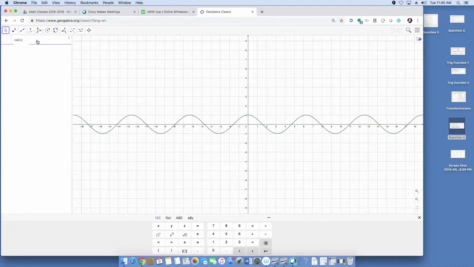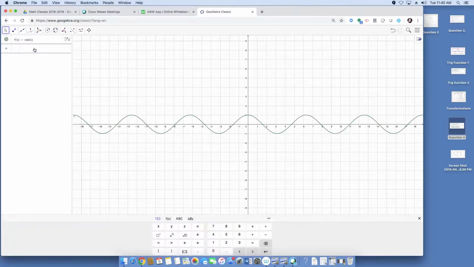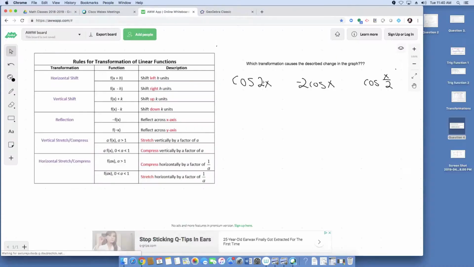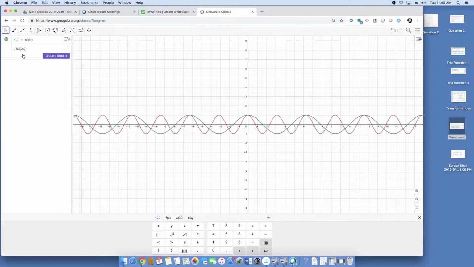Cosine x, and there it is. Okay. Next one I'm gonna do is I'm gonna type in that function that I made up, this cosine 2x. Oops, I'm messing that up. Oops, hold on. Cosine 2x. There we go.